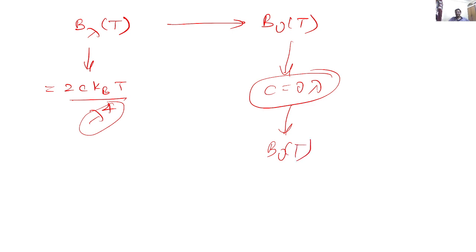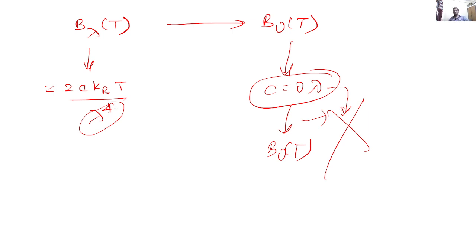It's food for thought. No, we don't do that. I will tell you why we don't do that. This would have been the easiest way to convert the wavelength form of the Rayleigh-Jeans law into the frequency form, but we cannot do that, and that is for a reason which I am going to discuss, I think, 10 minutes from now.